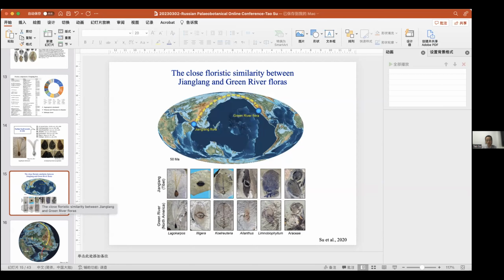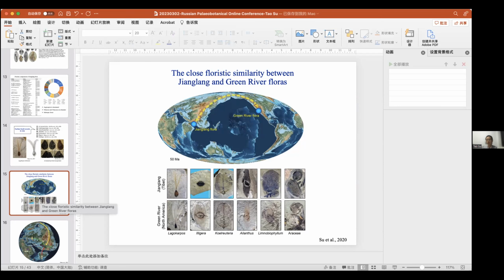These photos are from their collection of Green River fossils. Nowadays we know there is a very close floristic correlation between East Asia and the eastern part of North America.